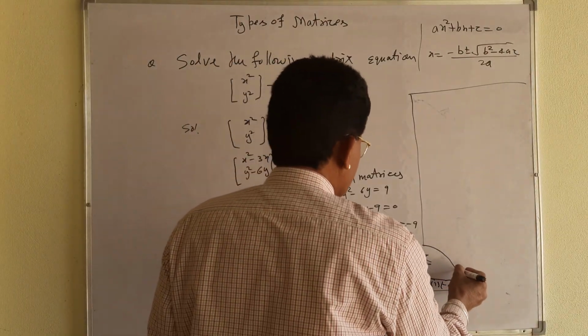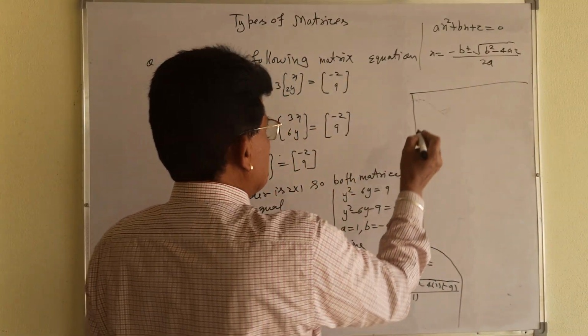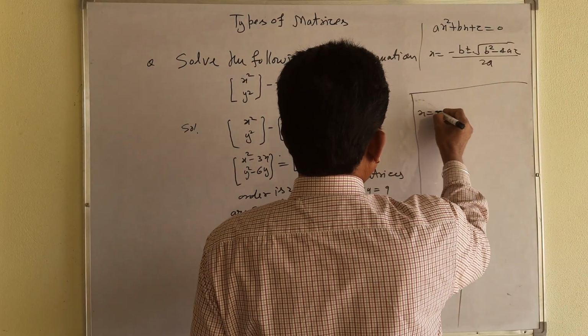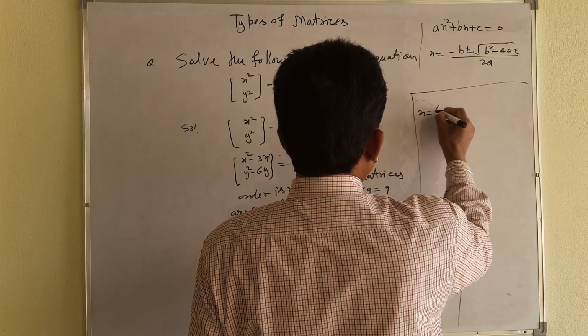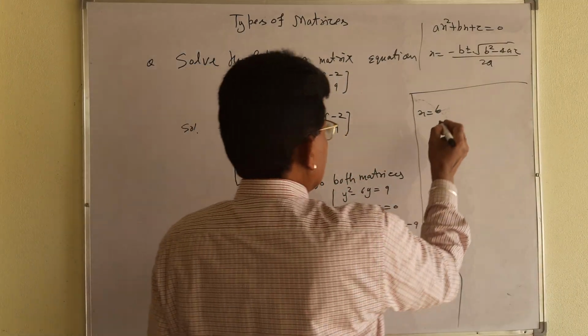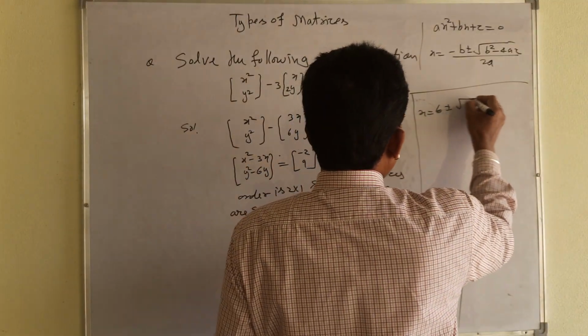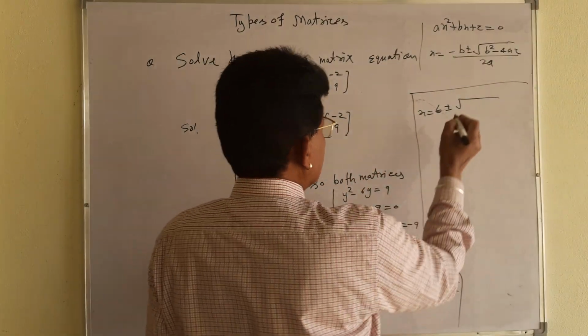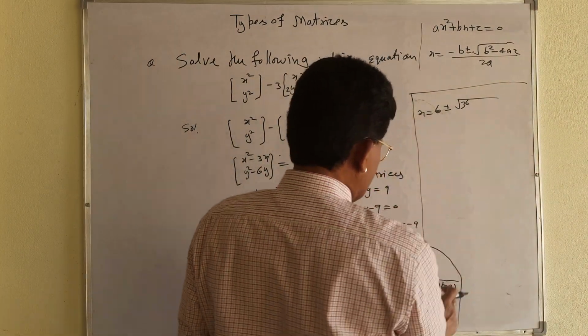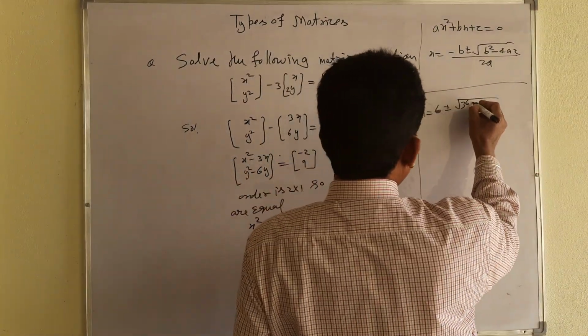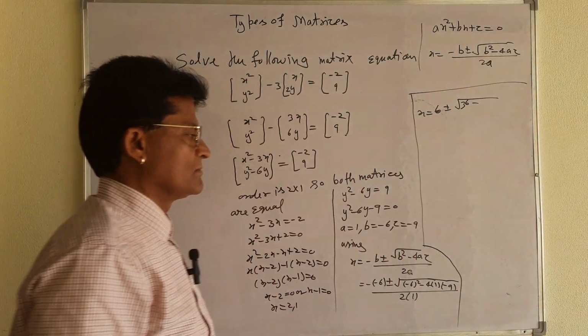See. Okay, it will be equal to, y will be equal to minus negative, negative into negative positive, 6 plus minus. Okay, it will be 36, negative into negative positive, how much?